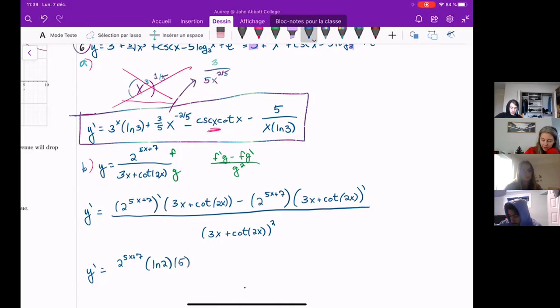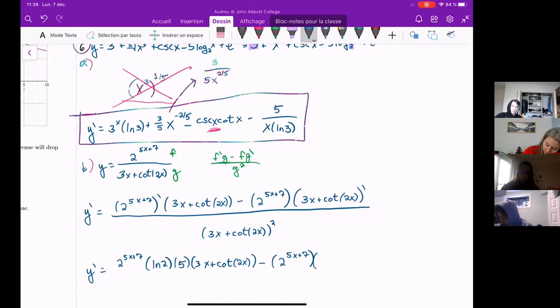Times 5 times the bottom minus the top times the derivative of the bottom.